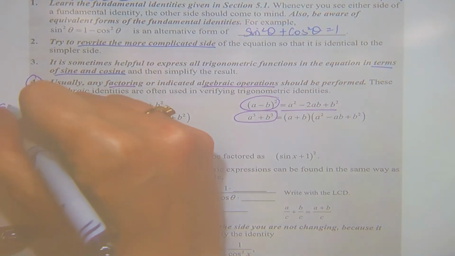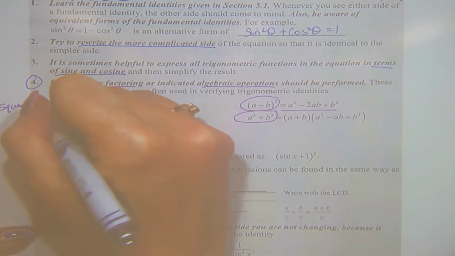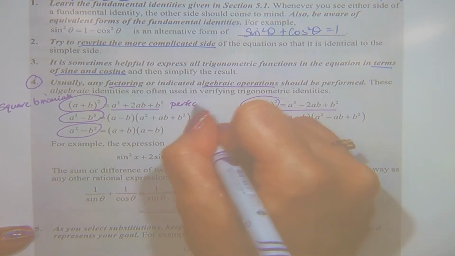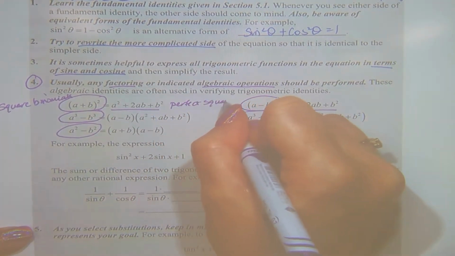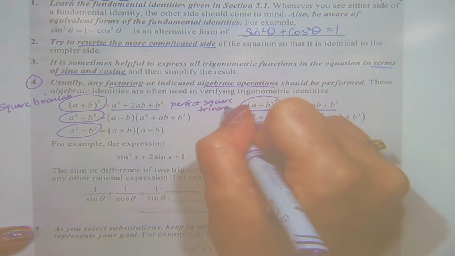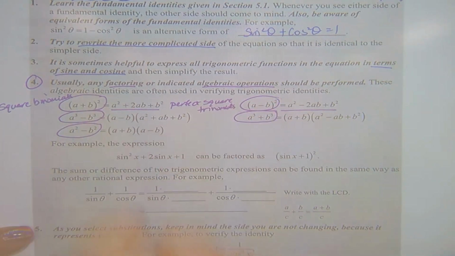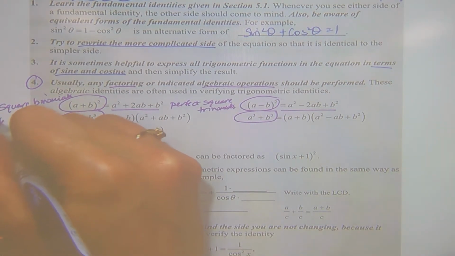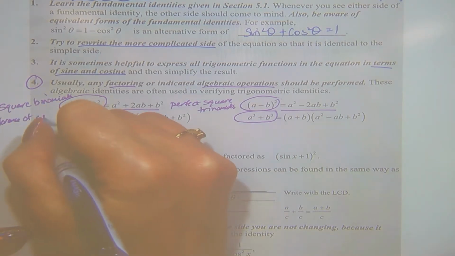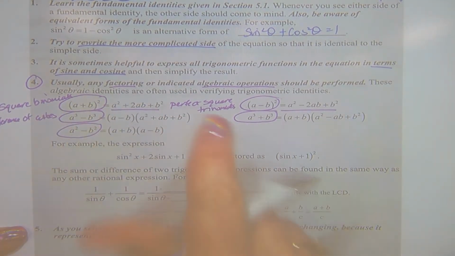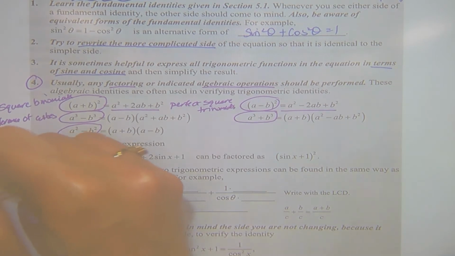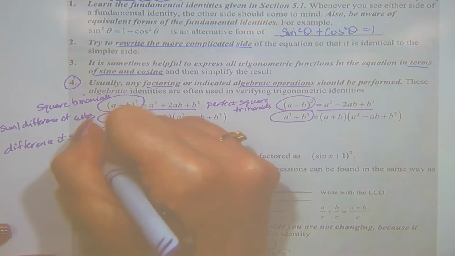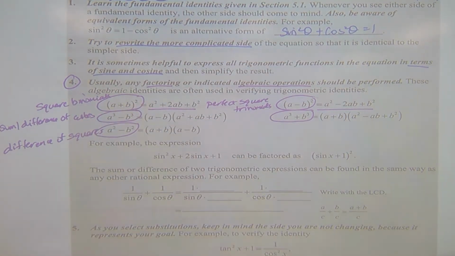So here we're going to square binomials, and when I square binomials, I get perfect square trinomials. That's both of these. Then I've got sum and difference of cubes, that's these two. And then I've got difference of squares. So if you need to go look those up and do some practice, that's what you're looking at.